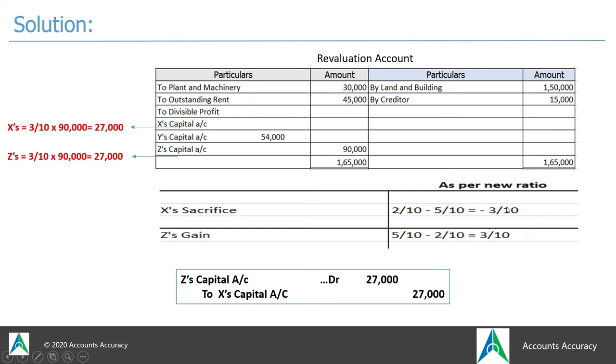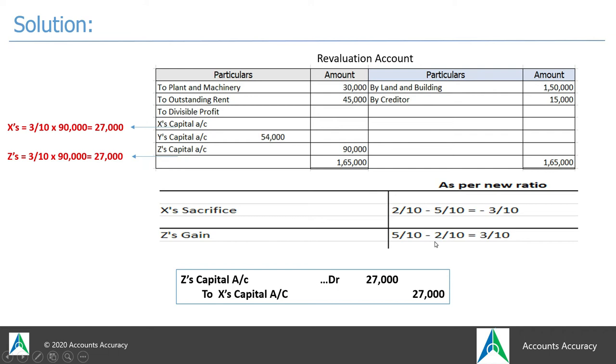So we need to find out what amount exactly the 3/10th portion is of 90,000. When we calculate the 3/10th portion of 90,000, it's coming 27,000. So it's clear that this 27,000 will be given by X to Z as the profit sharing ratio has changed. So X's sacrifice will become Z's gain.